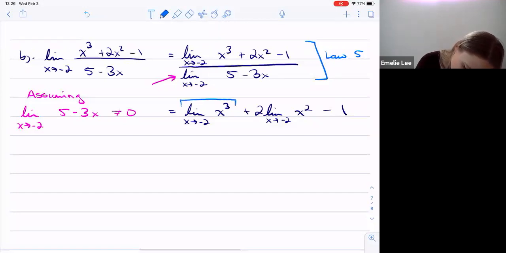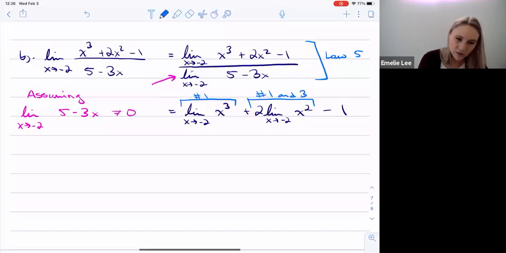Here, this is law number 1. Here I used law number 1 and 3. Now I don't expect you to remember the law numbers, but I've kind of got them ready to go in my mind. So shifting that constant outside, I think was law number 3.